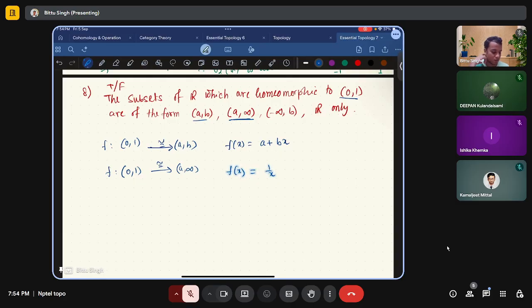Then at value 1 the value will be 1, and at 0 it becomes infinity. So the curve will be like this. The domain is 0, 1, so it starts from 1 and gets to infinity.